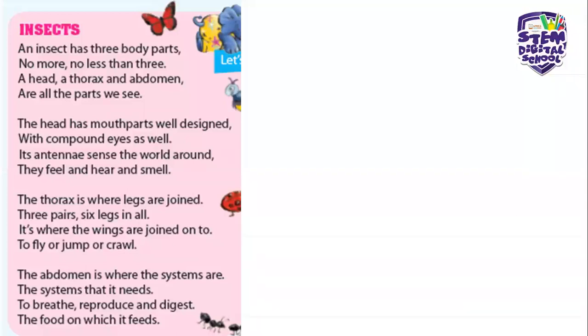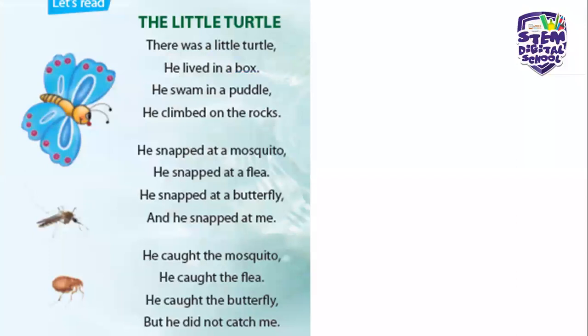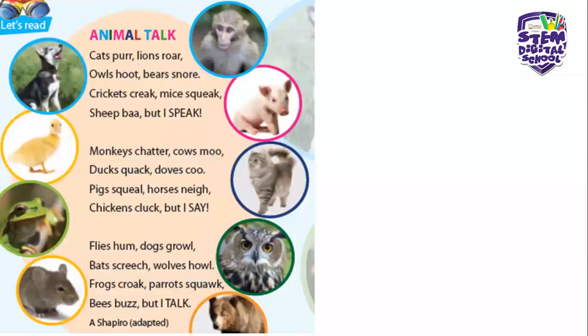Like all and crawl. It doesn't look the same, but it sounds the same. Or box and rocks. Doesn't look the same, but it sounds the same. The same with flea and me. So I want you to remember that that's important.